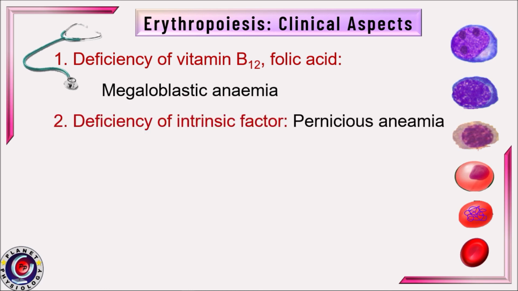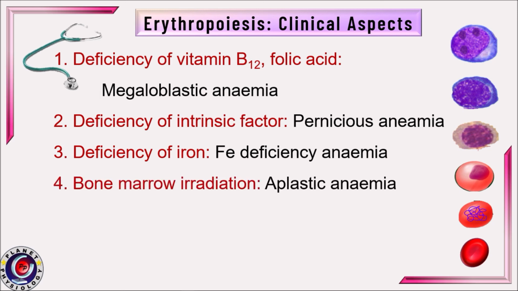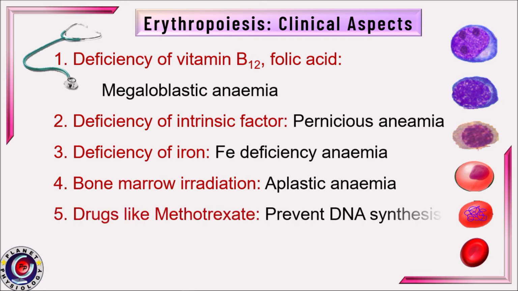If there is deficiency of intrinsic factor, again there will be maturation failure, but in this case the anemia is called pernicious anemia. Iron, as it is one of the important factors for hemoglobin synthesis, its deficiency will lead to iron deficiency anemia. If there is any bone marrow irradiation, say due to X-rays or gamma rays, stem cells will be destroyed and it will lead to aplastic anemia.